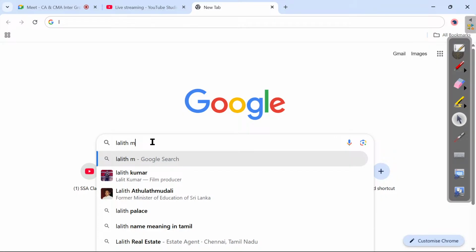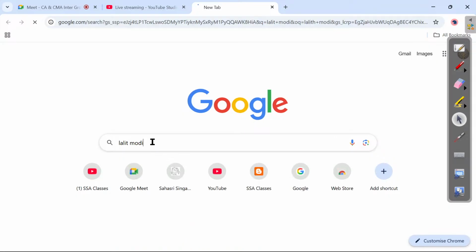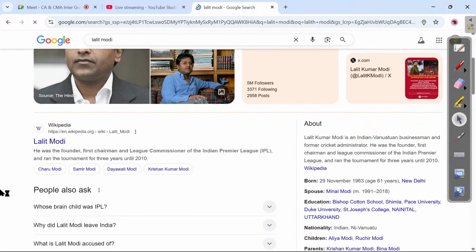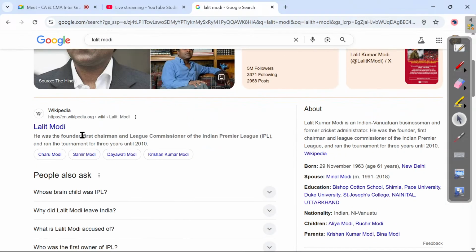Now you know IPL. I hope you know who was instrumental in creating it. First chairman and league commissioner of the Indian Premier League, he ran the tournament for 3 years until 2010. From 2007 to 2010 he was instrumental. And big money plays in IPL, right?